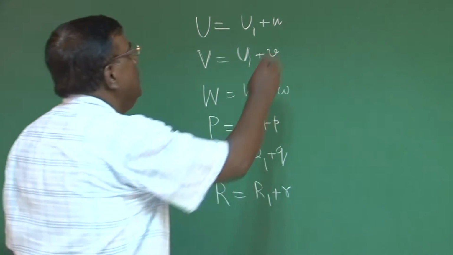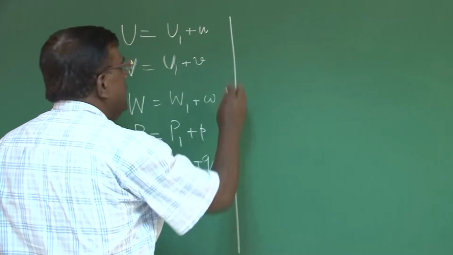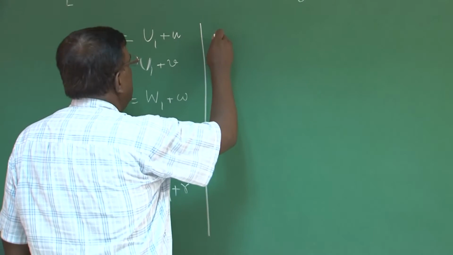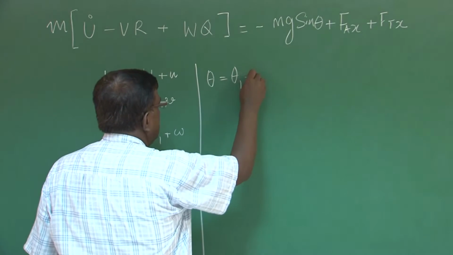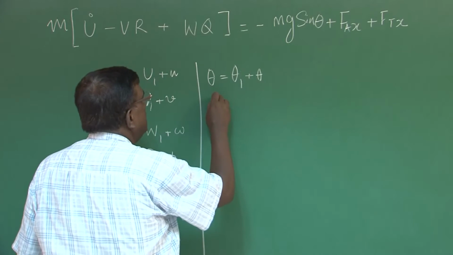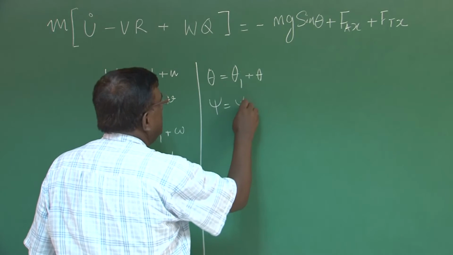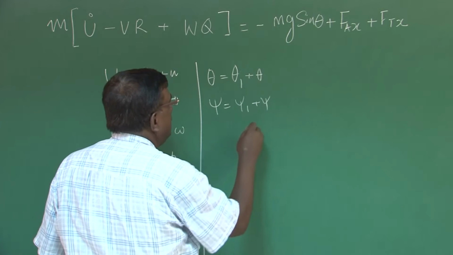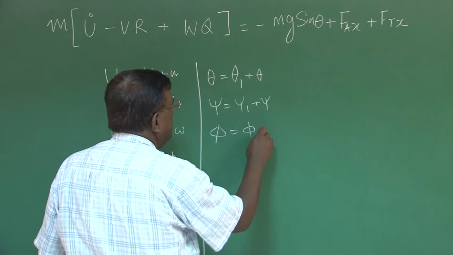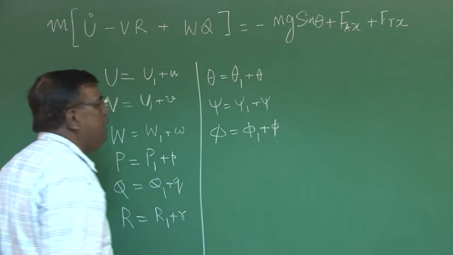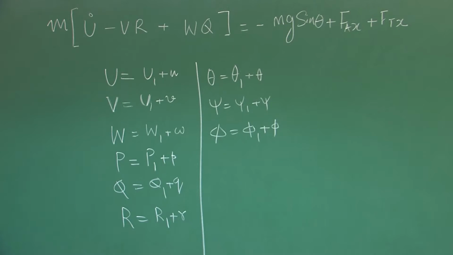Similarly, to extend the small perturbation understanding, we will say theta at any time is theta1 at steady state plus perturbed theta, psi at any time is psi1 plus perturbed psi, and phi is phi1 plus small phi. Now what we will do, we will use this and we will substitute this in this equation. Okay? Let's see what happens.